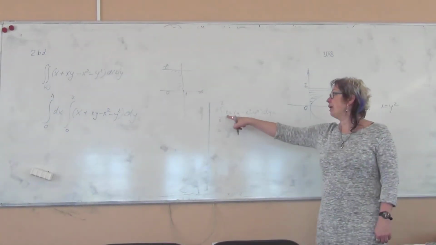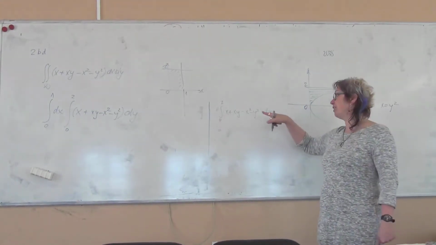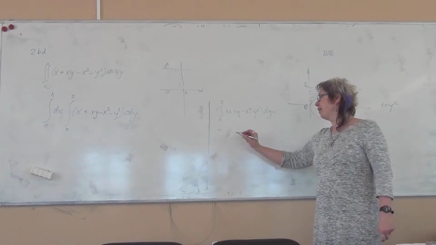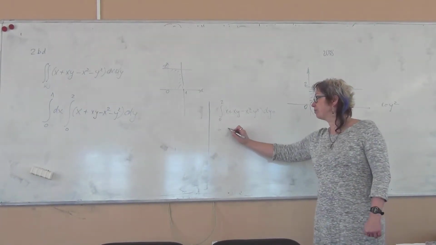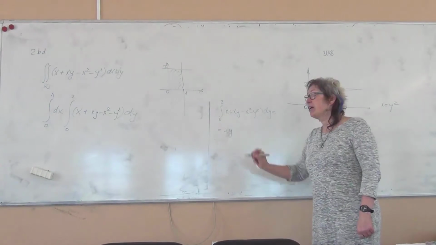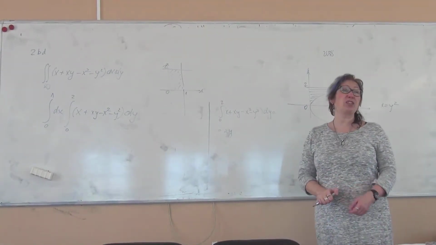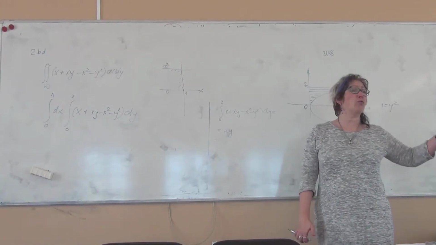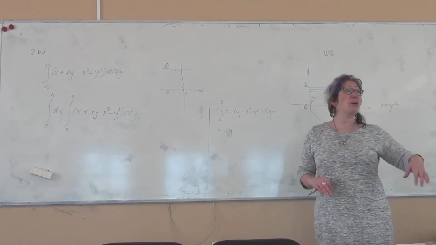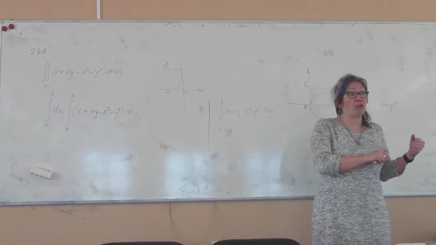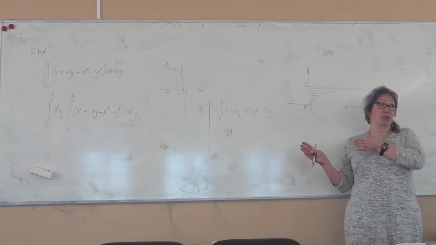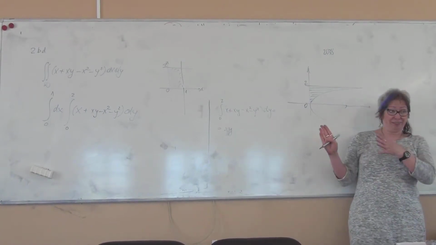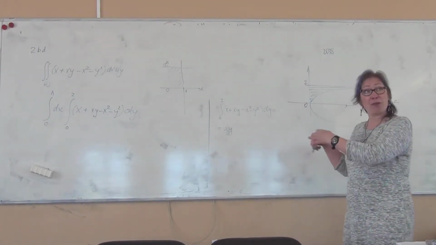So when we integrate x by dy, and pretend that x is a constant, what do we get? Xy. The problem is that, of course, it's very easy to get confused. We have been integrating for 2 months, and then all of a sudden we started differentiating two variable functions again. Now we are back to integration. I know it's confusing. Sometimes you want to differentiate when you need to integrate, the other way around.